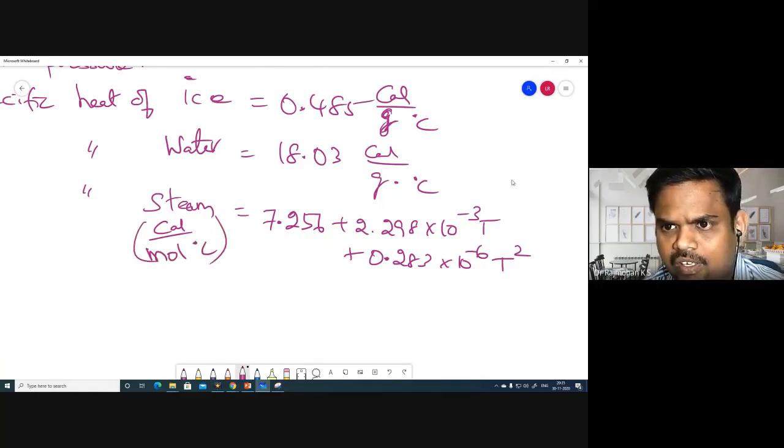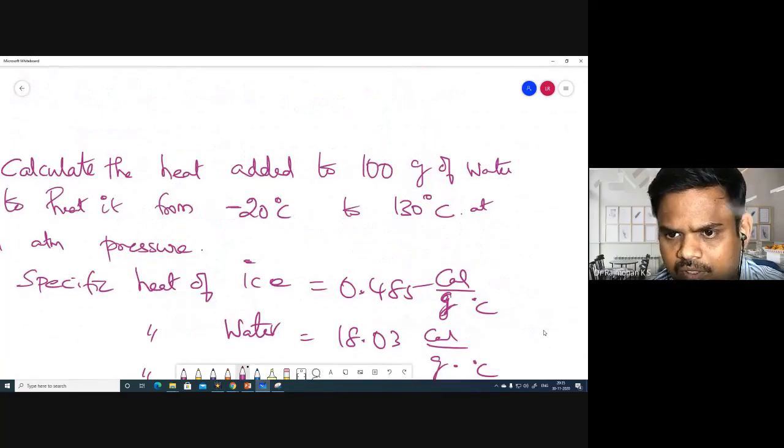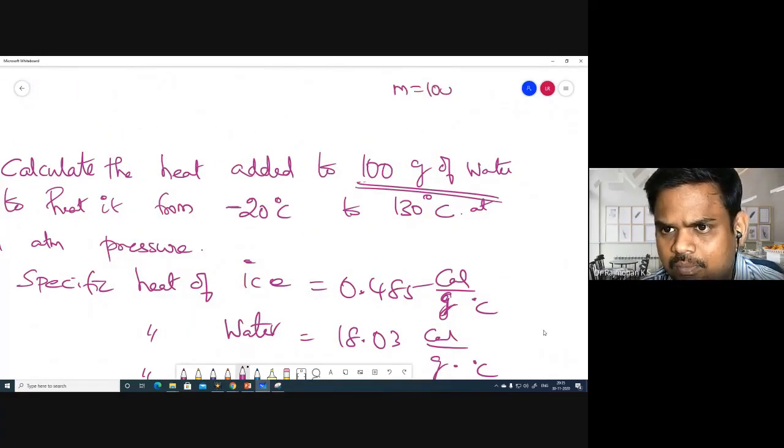So we are having data of 100 grams of water. We know mass is 100 grams. We know the molecular weight of water, 18 gram per gram mole. So we can get the n value as 100 by 18 gram per gram mole.